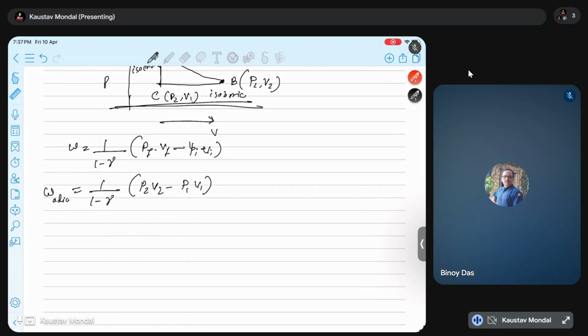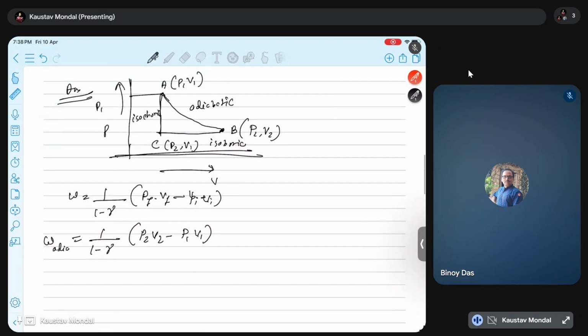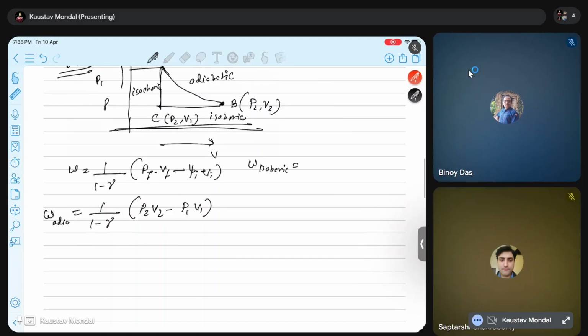Now for the second case, during B2C, isobaric, there will also be work done. W isobaric will be P2 into (V1 minus V2). So these are the two work done.